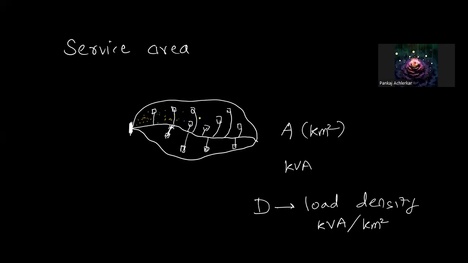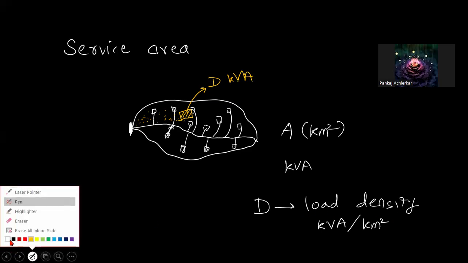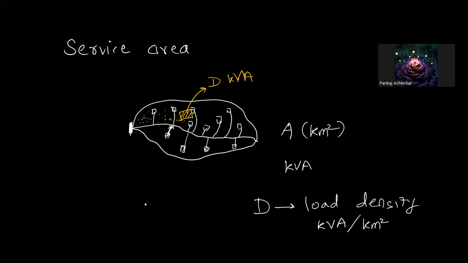If I take 1 kilometer square section of this, then the amount of load located in that is basically D kVA. So we are basically assuming a uniform load density, and with that, let us do the calculations.